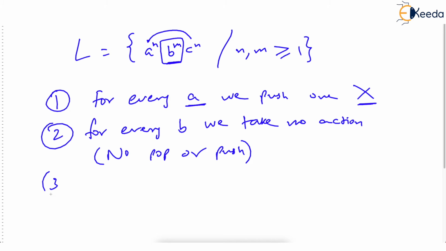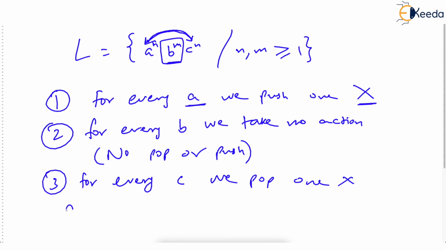And the third thing is, for every C, we pop 1 X, because we want to match whether the number of C's is equal to the number of A's. Just as an example, if the string is AA, 4 times B, and then CC, this string is valid because the number of A's is equal to the number of C's.